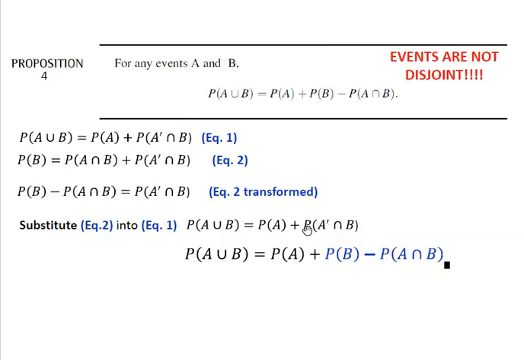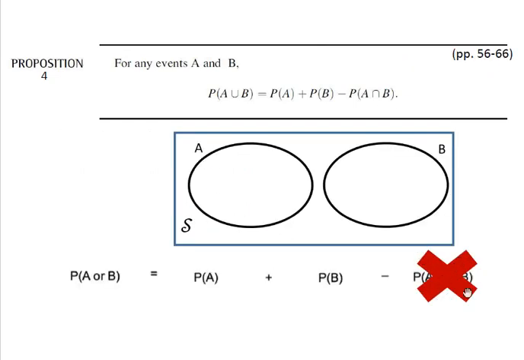So instead of the probability of A prime intersection B, we can substitute the probability of B minus the probability of A intersection B, and at the end we have the probability of A union B is the probability of A plus the probability of B minus the probability of A intersection B. Again, please note that these events are not disjoint, because if they are disjoint, we don't need this part.